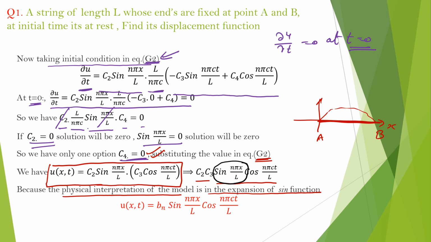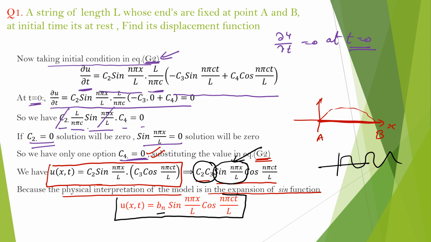And in a Fourier series, the vibration is always represented either in cosine or sine. If the model is depending upon the sine term, then the constant C2 into C3 is converted into Bn. So finally, the solution is Bn sin n pi x by L and cos n pi ct by L. You have to remember that x is the important factor for the beginning of the model.